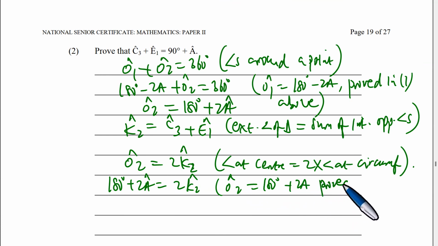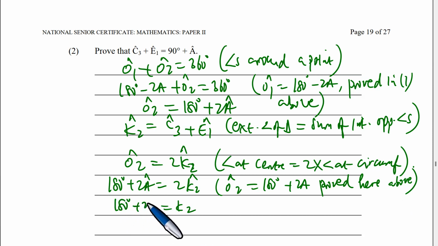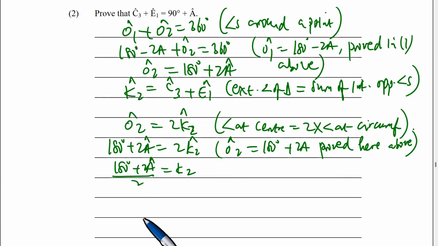Proved above. It's been proved there. And so now you can divide through by 2. If you divide through by 2, that means that K2 is 180 degrees plus 2A, and you divide everything by 2. If you divide everything by 2, then it is exactly 90 degrees plus A equals angle K2.